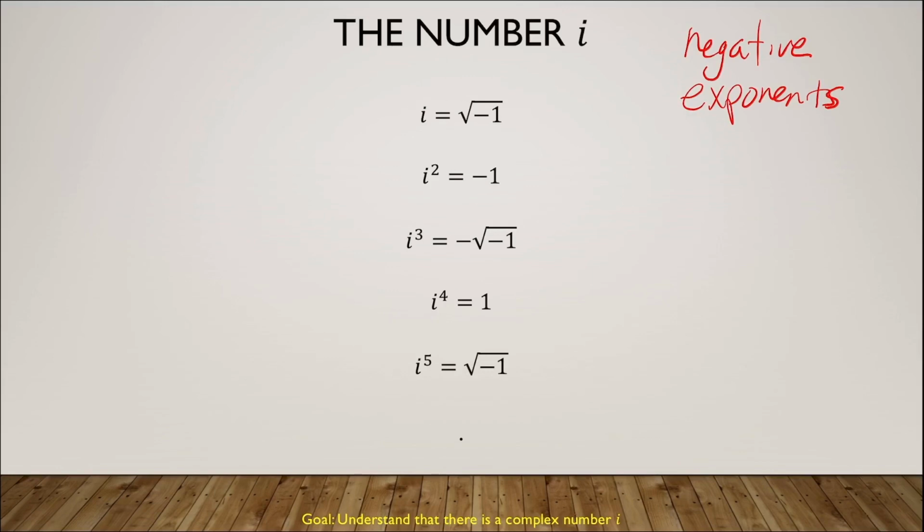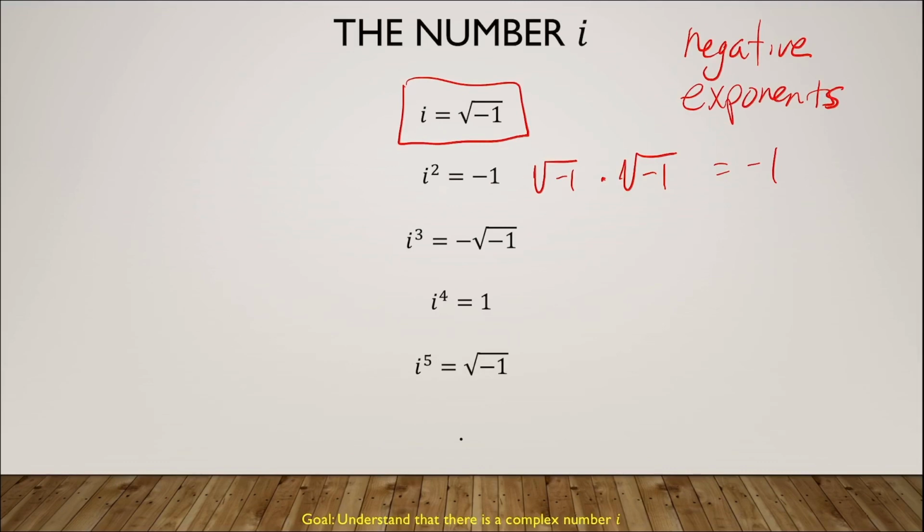So right now what we get is i equals the square root of -1. And then that gives me i squared equals -1. i to the third power is the same thing as saying the square root of -1 times the square root of -1, right? Which we say simplifies to be -1. The square roots cancel each other out.